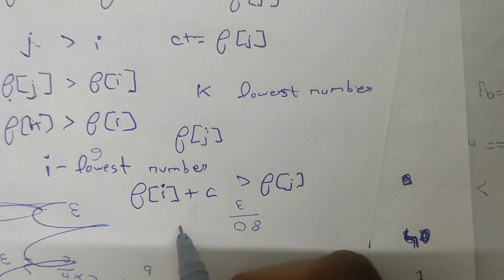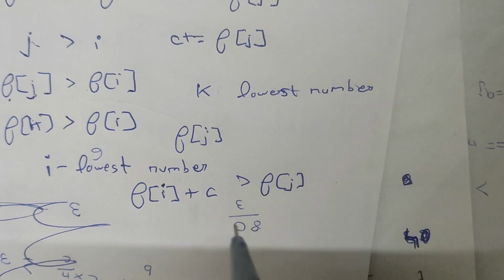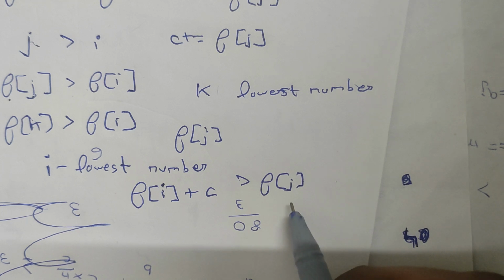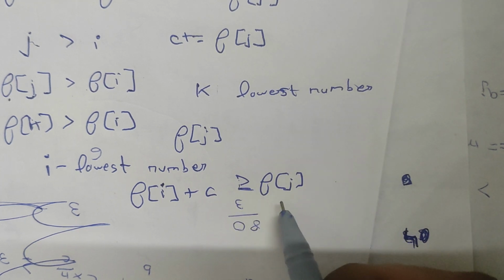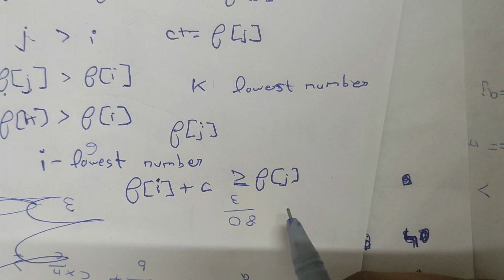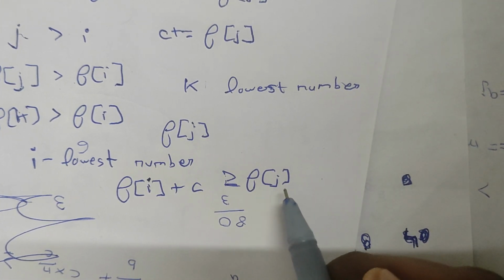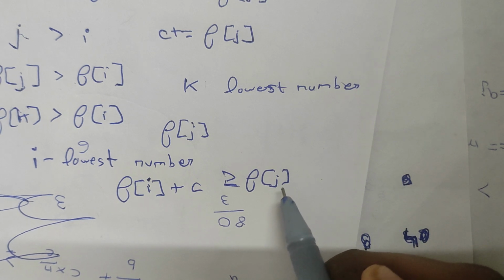Now after it got added to f of i, we will check whether f of j became lesser than or equal. If it became lesser than or equal, there will be no need to exclude the jth candidate.